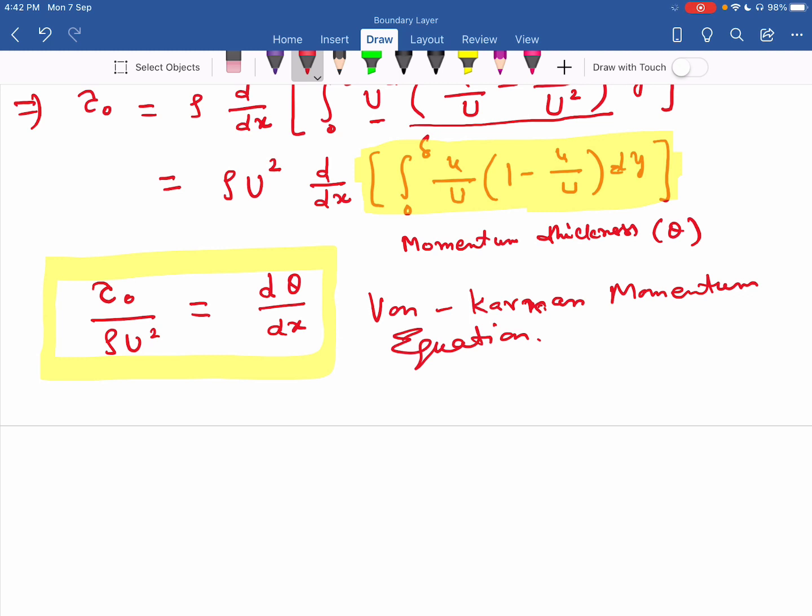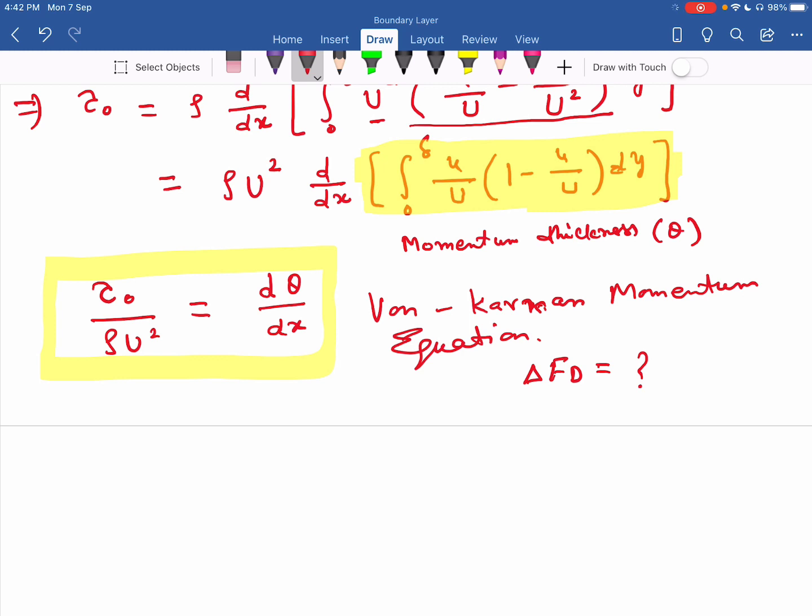We can use this to find the frictional drag, that is δFD, on the plate for both laminar as well as turbulent boundary layer. So this is used for determining the frictional drag on the plate.